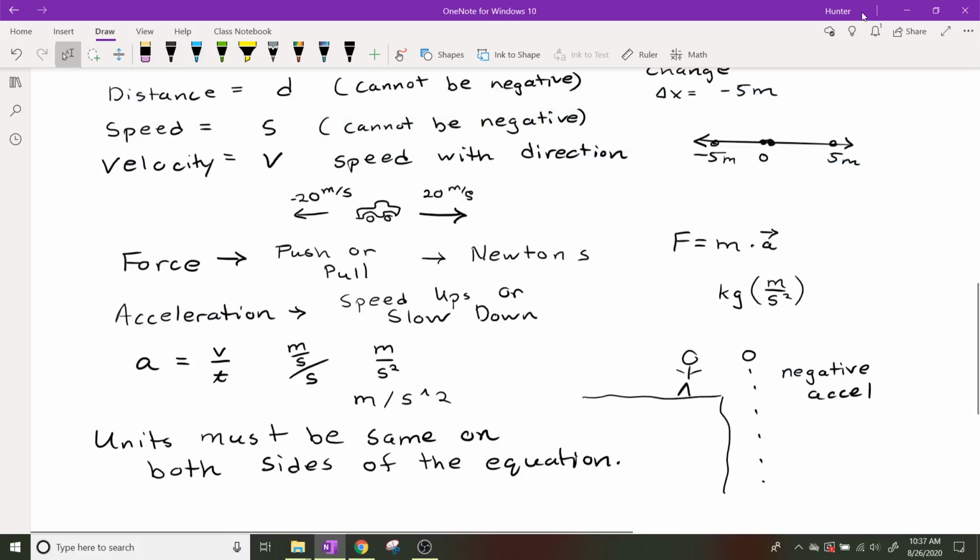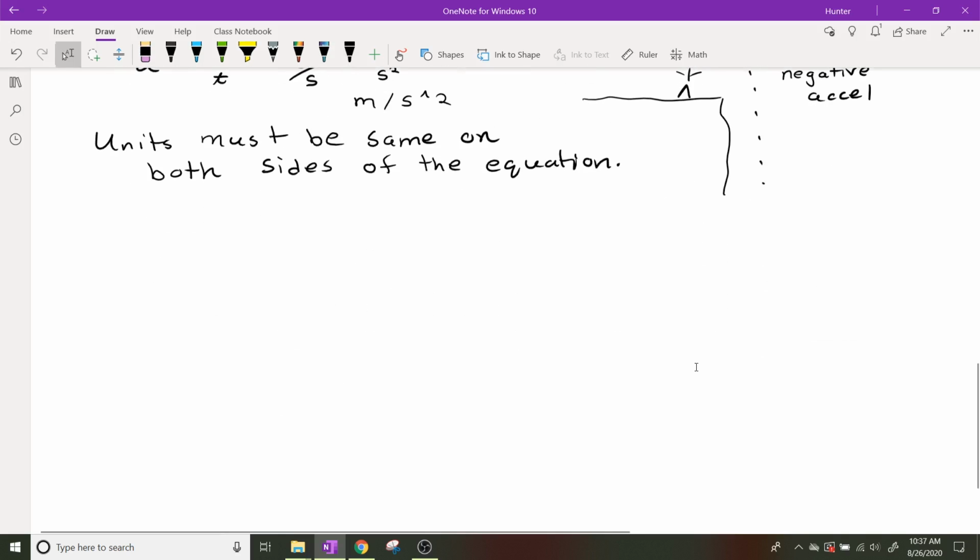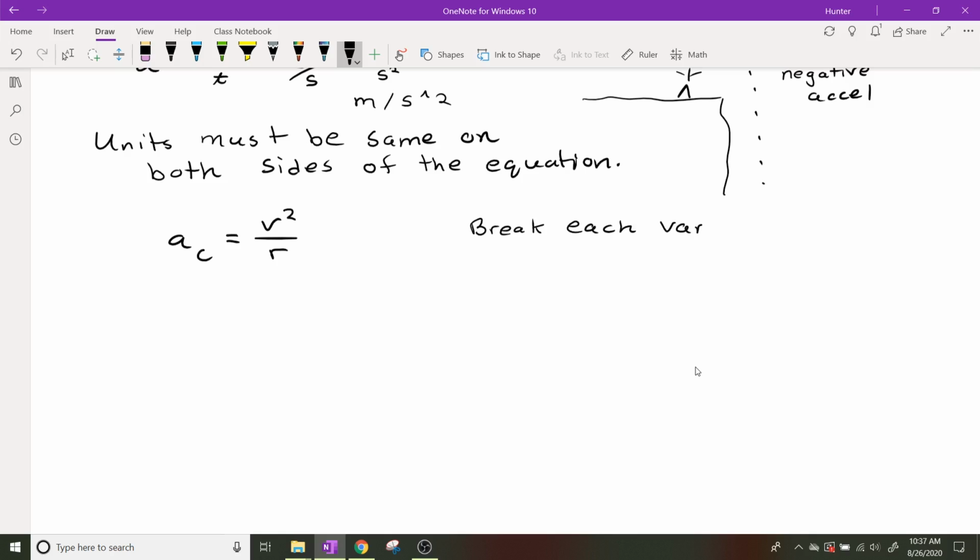So we're going to write out a_c equals v squared over r, right here. And here's how we do a dimensional analysis problem. We're going to break down each variable into its units. We have to be a little bit careful because sometimes this gets a little bit alphabet soupy.